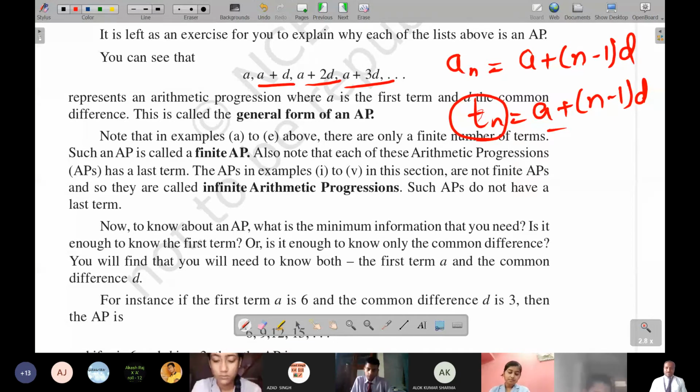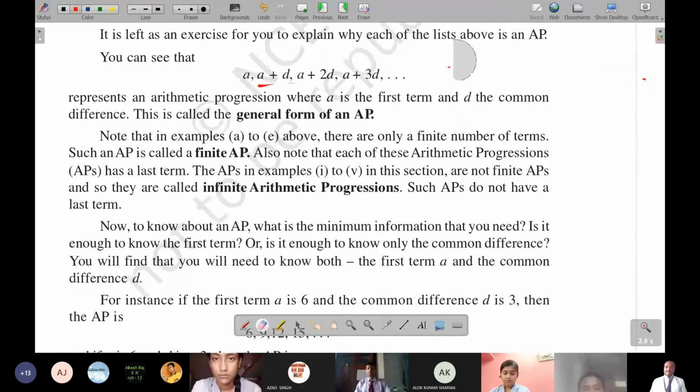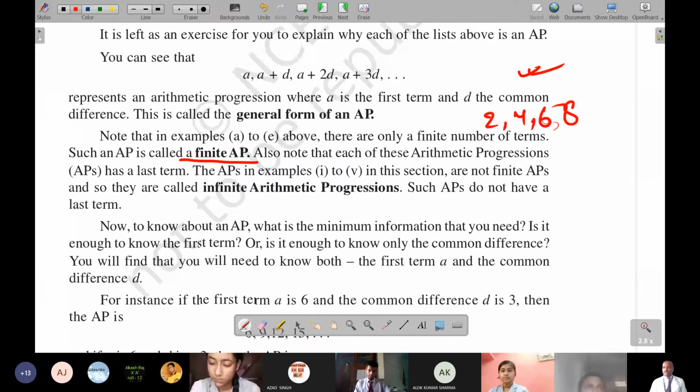So, the general form of an AP has been said. Note that in the examples A to E above, there are only a finite number of terms. Such an AP is called a finite AP, where the number of terms is fixed, where the last term is given. If it is written like 2, 4, 6, 8, and then dot dot dot, that means it is infinite.